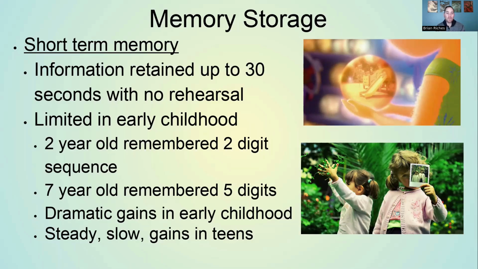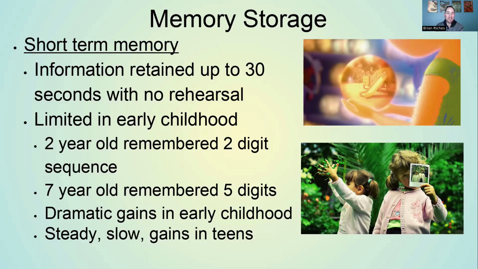And so a 2-year-old can remember about a 2-digit sequence without doing anything. Again, this is no rehearsal. They're not repeating it to themselves. After about 30 seconds, they can remember about a 2-digit sequence. About a 7-year-old remembers about 5 digits. And then in late childhood, early adolescence, it kind of peaks at about 6, 7 digits. And so we see some slow gains after that, but the biggest gains are if you're intentionally trying to practice.